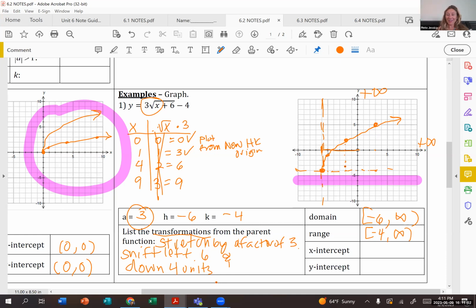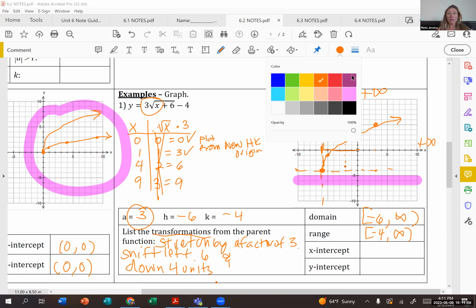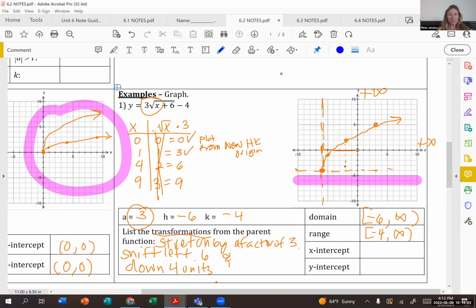And then the x-intercept and the y-intercept, I can see that, yes, it does cross at different places, but I don't know the specific values. So I'm going to do the work. So replacing y with 0, I add 4. And then I have 4 over 3, I divide by 3, is equal to the square root of x plus 6.